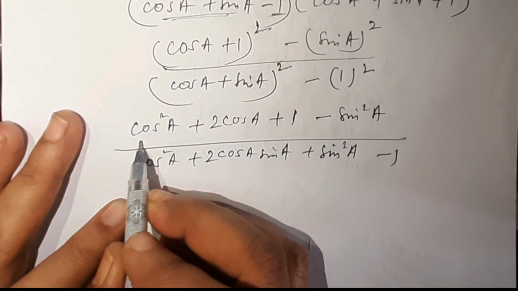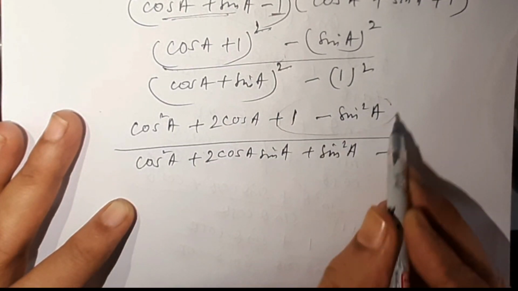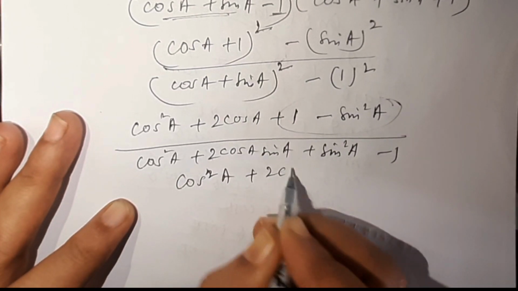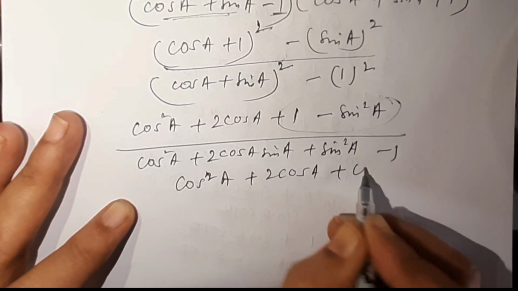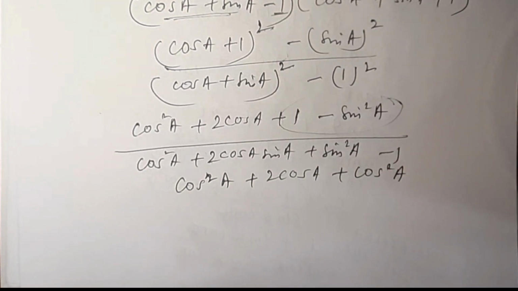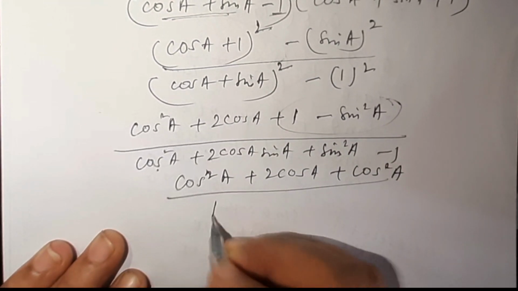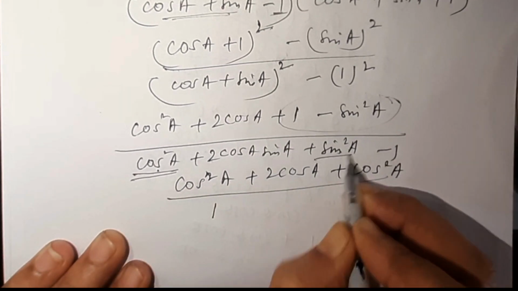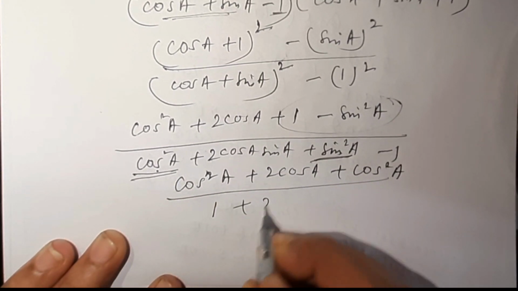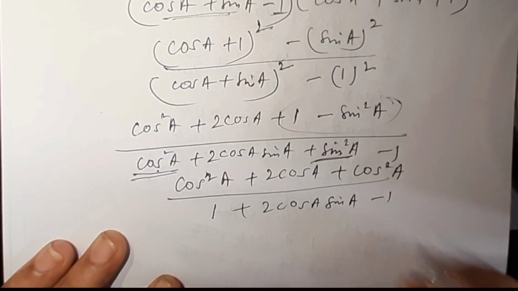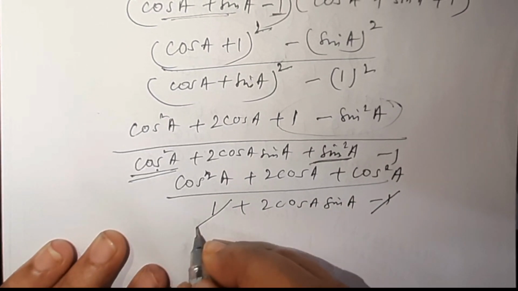Now here 1 minus sin square will be cos square, so we can replace that as cos square. And cos square plus sin square is 1, so these terms are replaced by 1. 2 cos a is there and sin a, write them as it is. Now 1 will get cancelled.